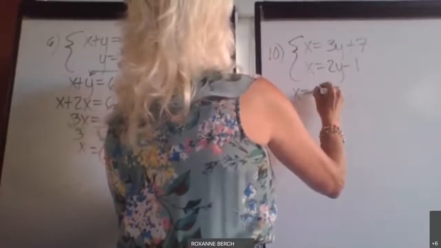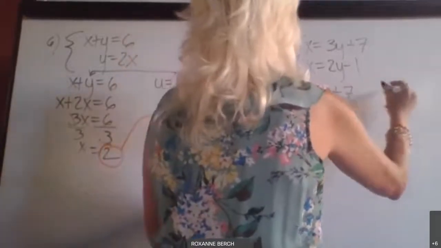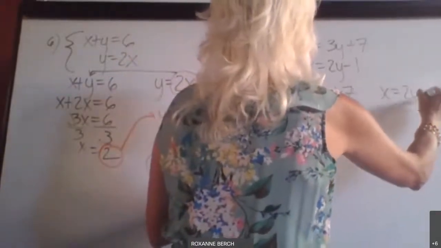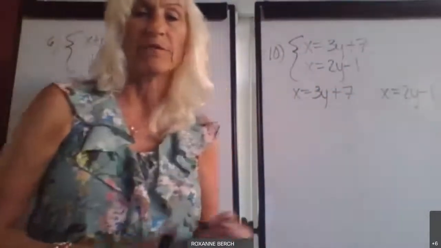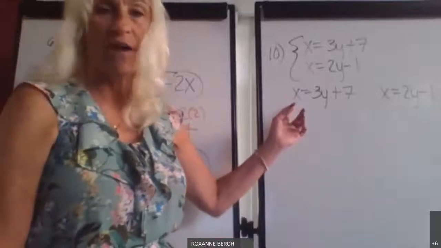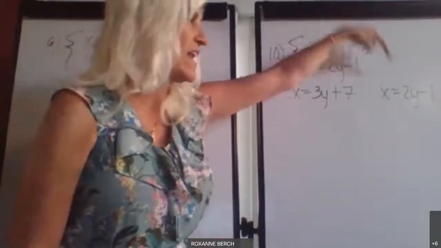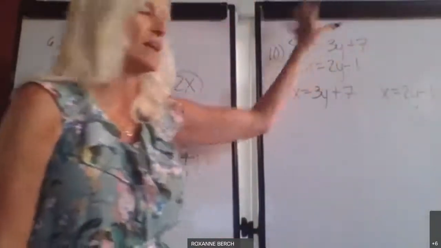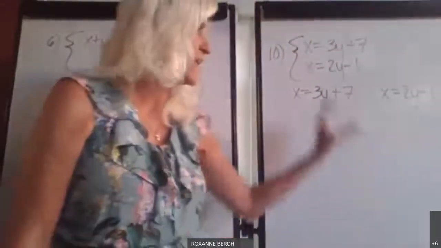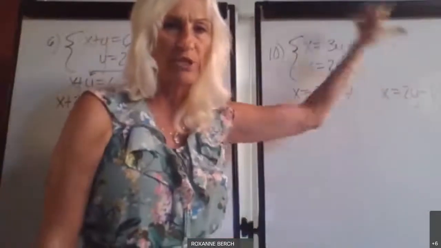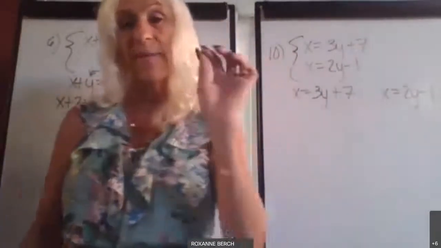Once again, don't forget to write them side by side, and you're supposed to solve for the easiest variable. This is already solved for x, so you can either put that into x over there, or put this in for x over there. It doesn't matter what you do. You can substitute either way, and you're going to get the same answer.